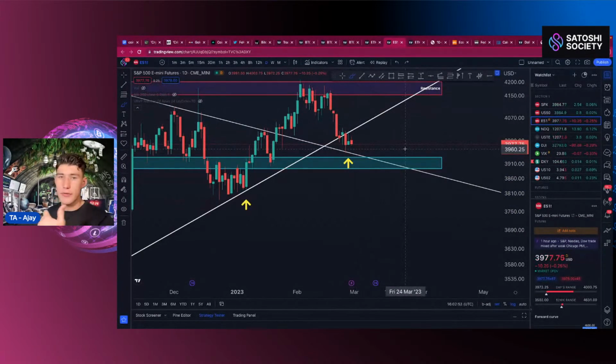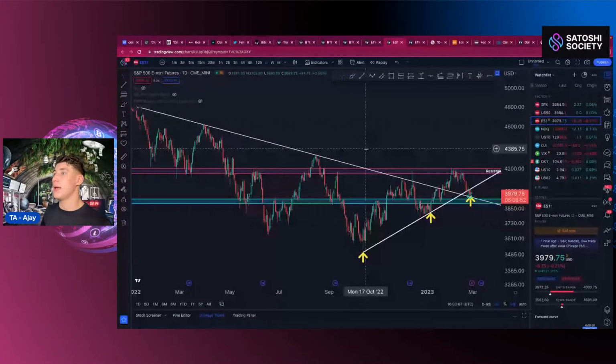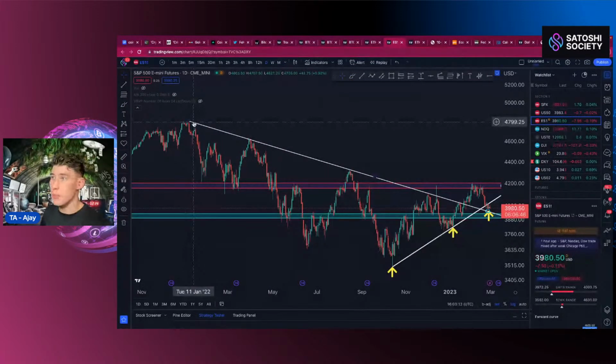We do just have to factor in that there is major support here. I'm not ignoring that. There is major support here, so there is a strong chance that we could bounce. And this is why we got a nice little bounce off this level here. Because over the course of 2022, we used this downwards trending trend line right here as major resistance, and we didn't actually break above it through the course of 2022.